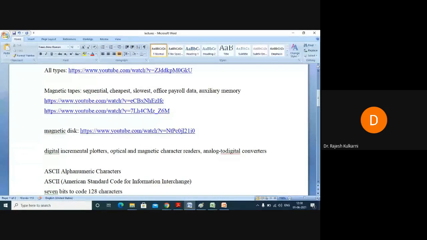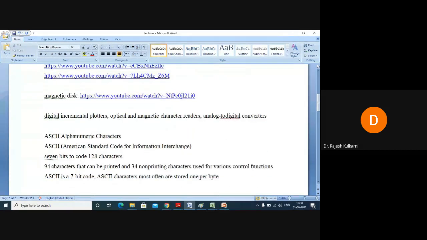For example, my daughter is working on an American bank project, and that project still uses COBOL, which is a very old software which we had learned initially. They may still be using magnetic tapes, as they might have a lot of legacy data which has to be transferred into new forms and so on and so forth. So then you have magnetic disk.